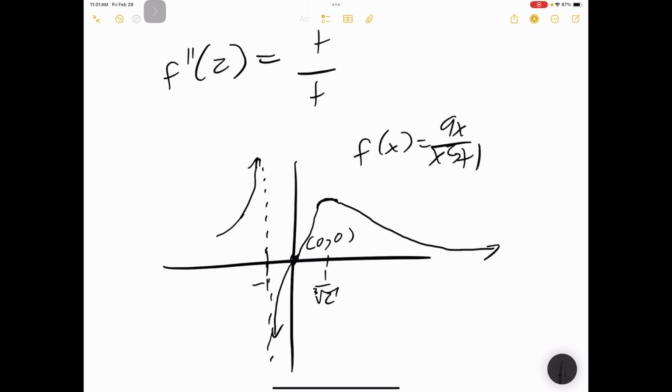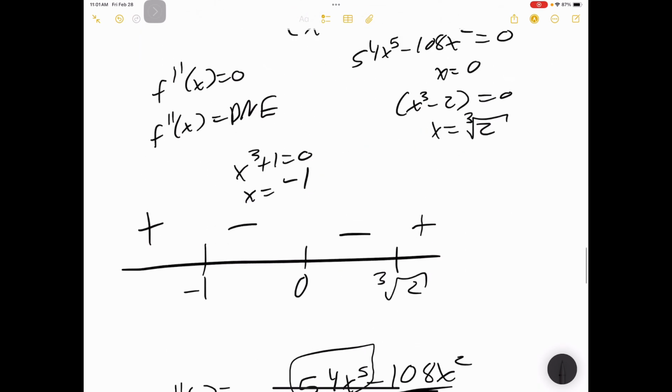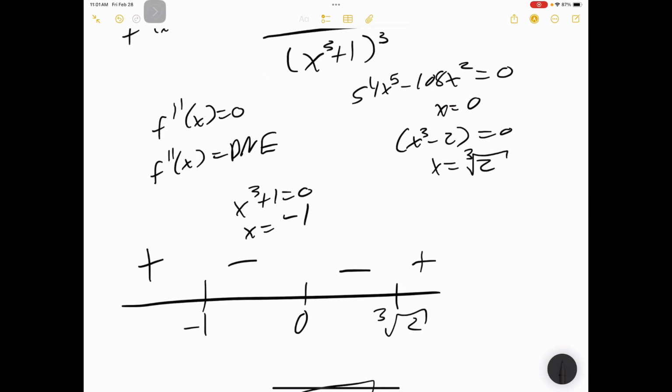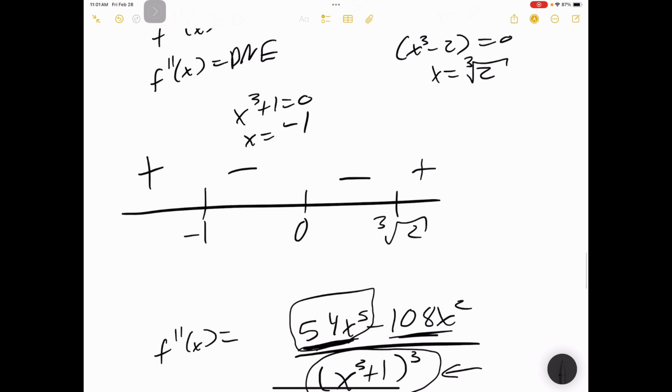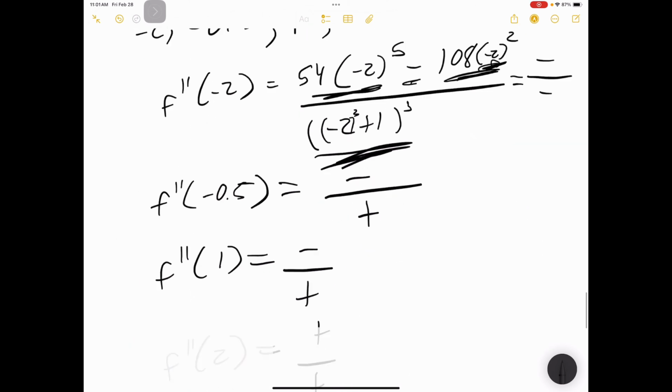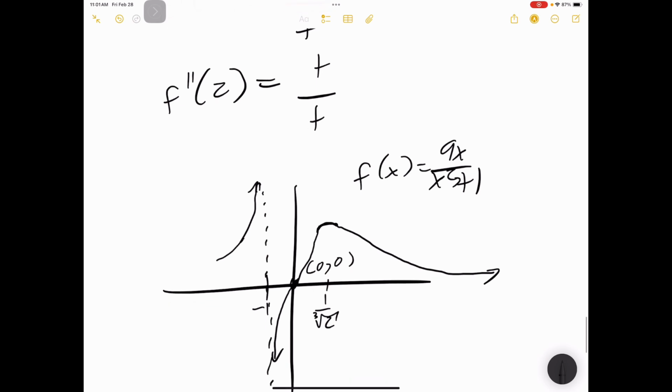Nothing weird's going to happen to the left of the function here. We actually don't really need our second derivative test, but our second derivative test does tell us that to the left of -1, we're increasing the whole time. Our derivative's increasing the whole time. And so we have something that looks like this. We have our horizontal asymptote at 0. The second derivative was a tough part, and it's actually not something we really needed, and we end up with a graph that looks a little bit like this.